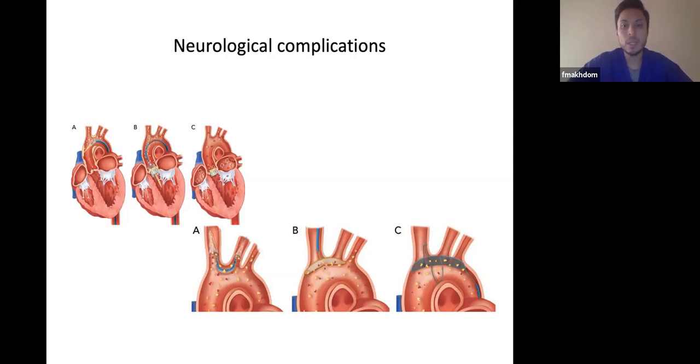So the Achilles heel for AVR in the recent publications is stroke, where in TAVI the incidence of major stroke is actually statistically less than with surgical aortic valve replacement. This was not true at the beginning of the experience. In PARTNER 1 and the initial US CoreValve trial, the incidence of neurological complication was higher with TAVI.